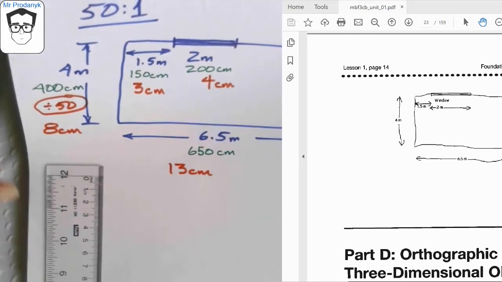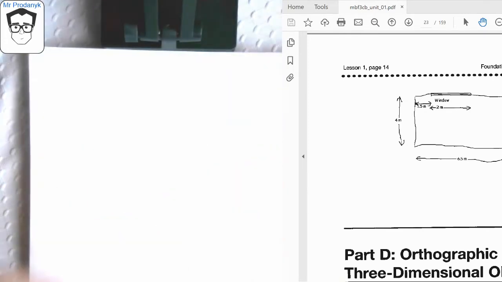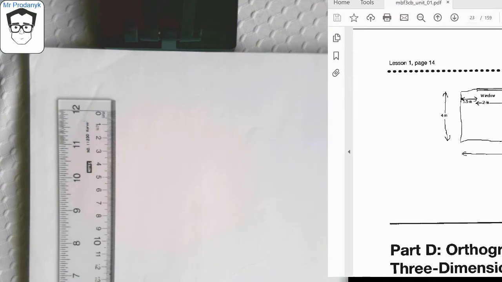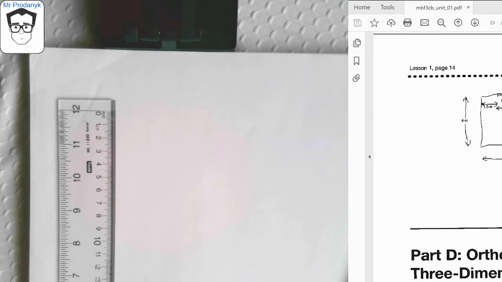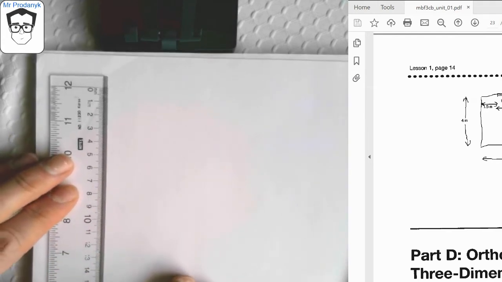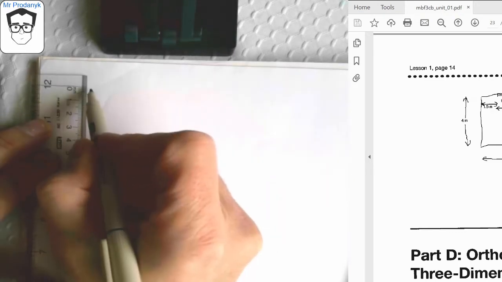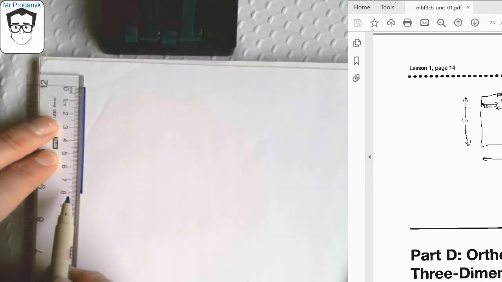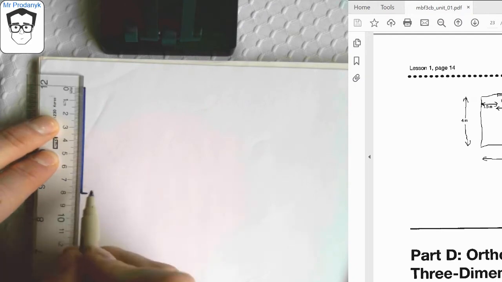The length of, and I'm going to switch to another piece of paper here. I'll move this over so I can see the piece of paper a little bit better. Now I can see it off to the side over here, but the length of this wall is going to be 8 centimeters. You can see right here, that's 8 centimeters.